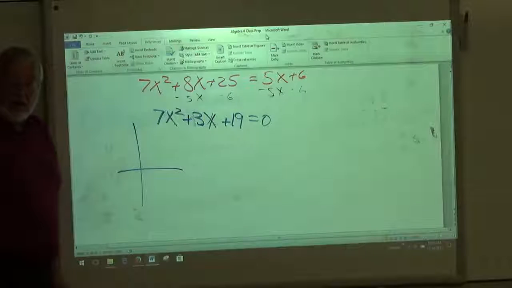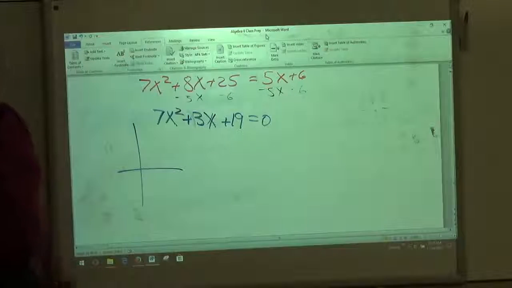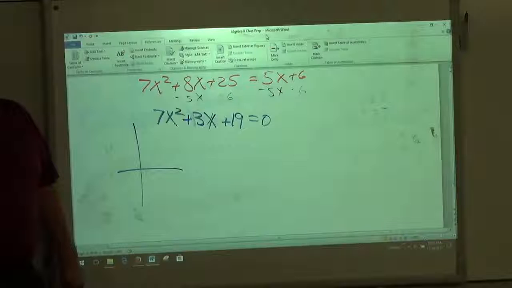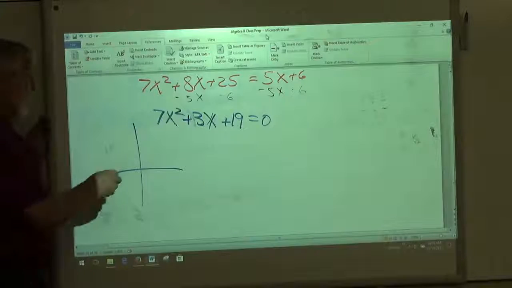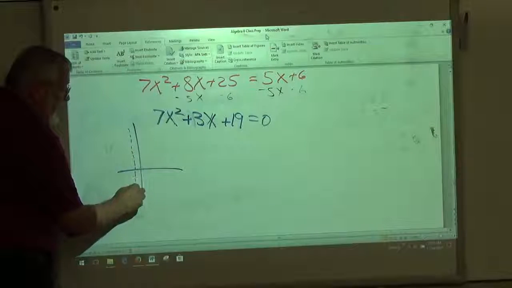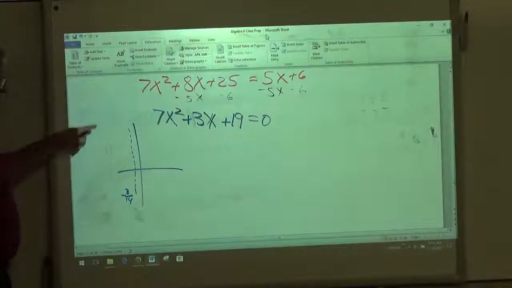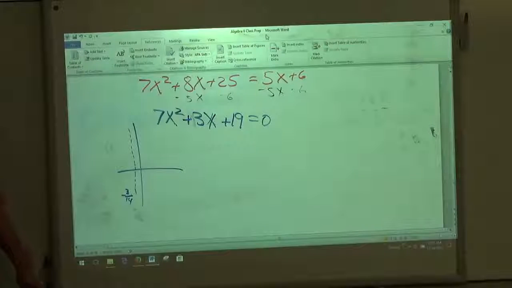Negative b over 2a. So negative 3 over 2 times 7, which is 14. Negative 3 over 14. 3 over 14 is roughly 1/4. So that means the vertex is lying at negative 3 over 14. That's your line of symmetry.